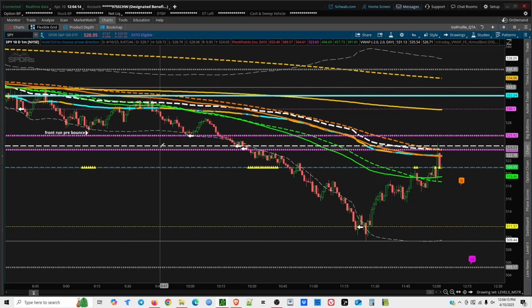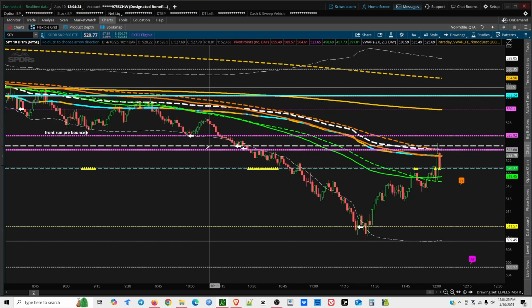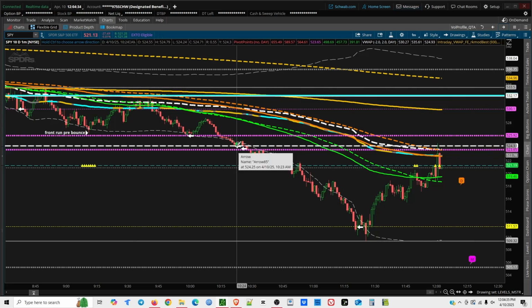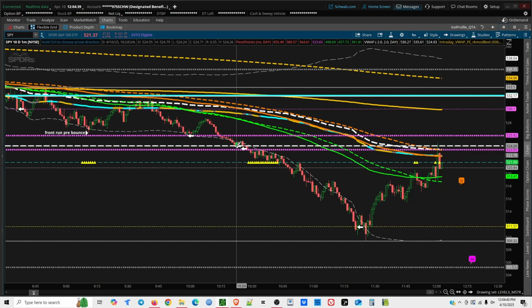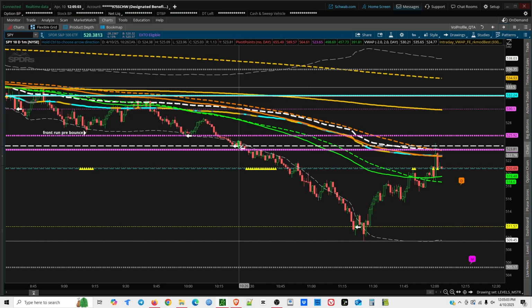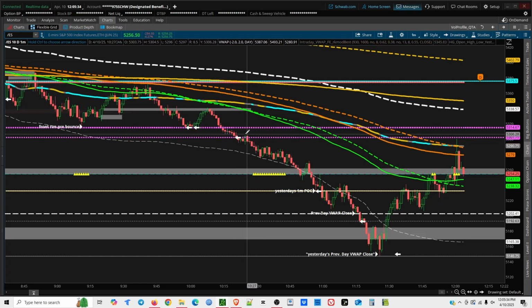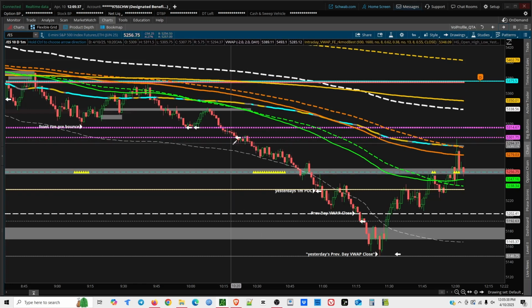I was looking at the white dashed line here, which is the previous day VWAP close, and our next pivot line here, which is a weekly pivot line. So as I recall, I took a long entry on ES when this touched yesterday's VWAP close, and then I think I doubled in and added in on my entry when price came down to this pivot point. So I ended up having 3 total contracts, which bounced up to here, and then I got out. And again, that whole area right there coincided with this other pivot point on ES as well.